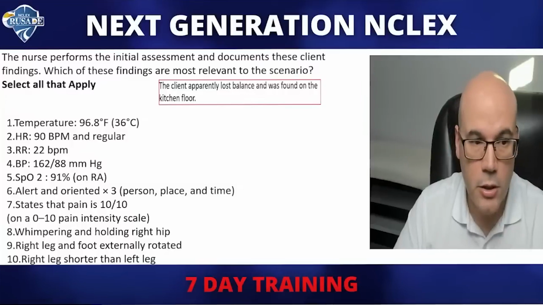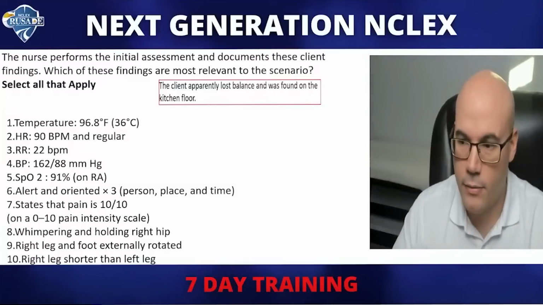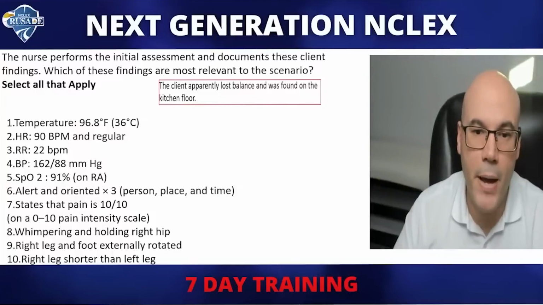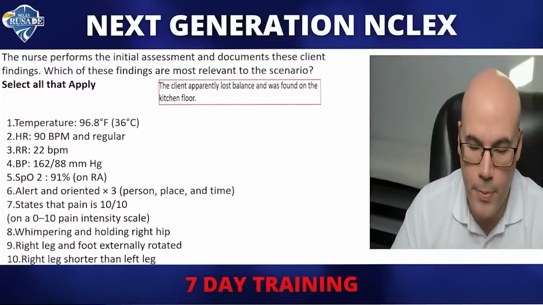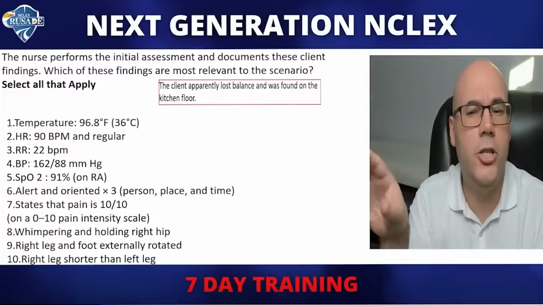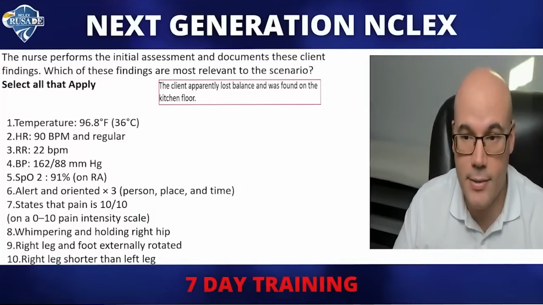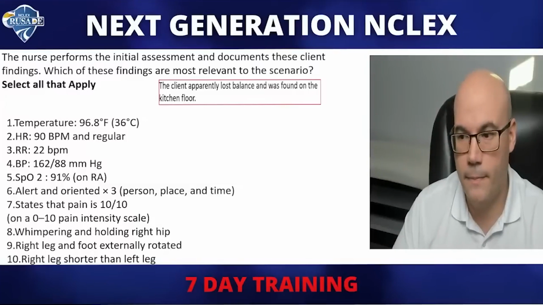In other words, there are no incorrect statements here. Everything applies to the patient because the nurse collected these findings from the patient. So you cannot say, oh, this doesn't apply. No, it applies. It is clinical findings in the patient.